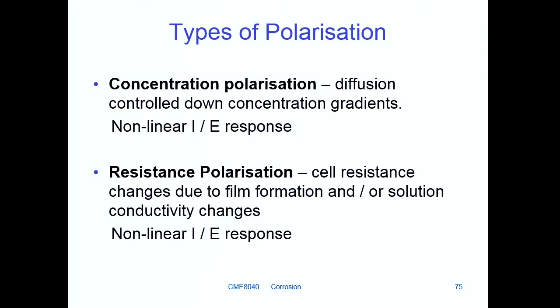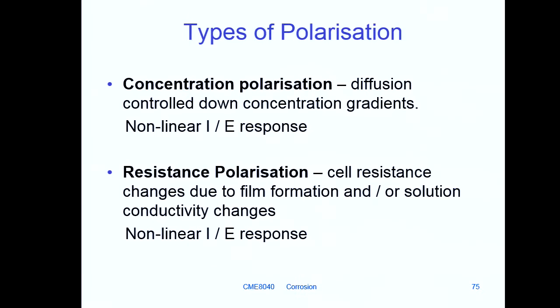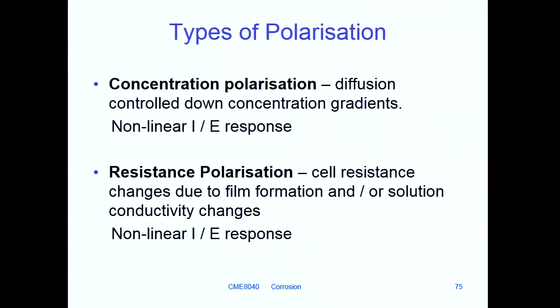Anything could happen on the surface of the electrodes, and the solution conductivity will change because you are consuming reactants and generating products and dumping them into the solution. So you've got R film plus R solution. And they're two variables that affect the current voltage response.